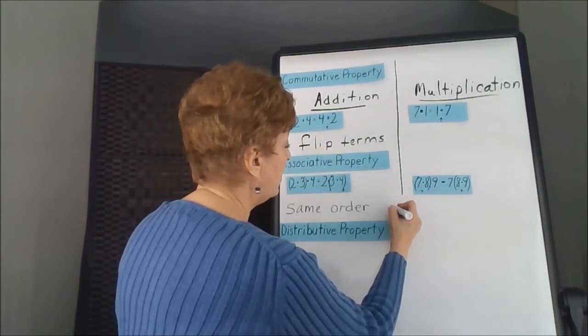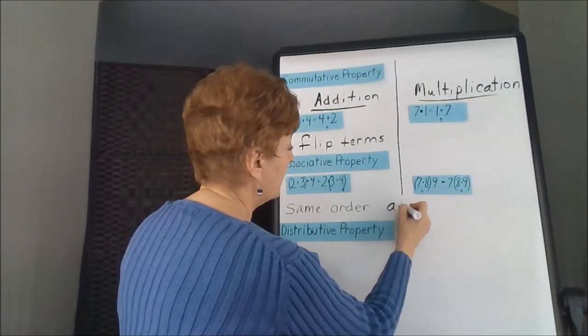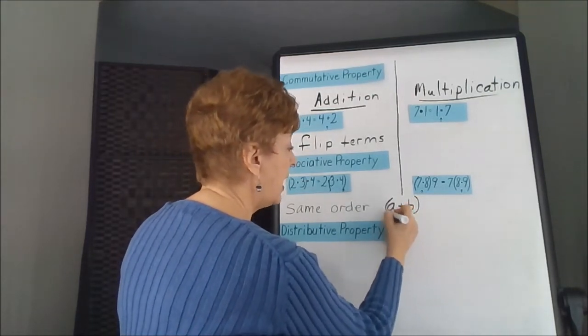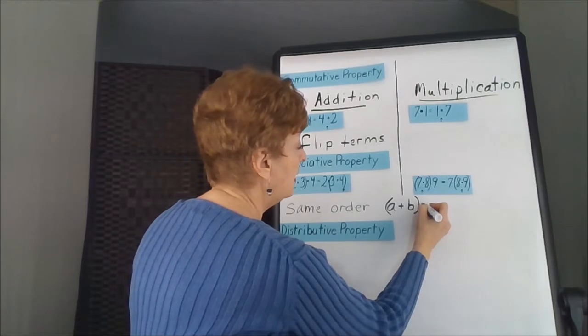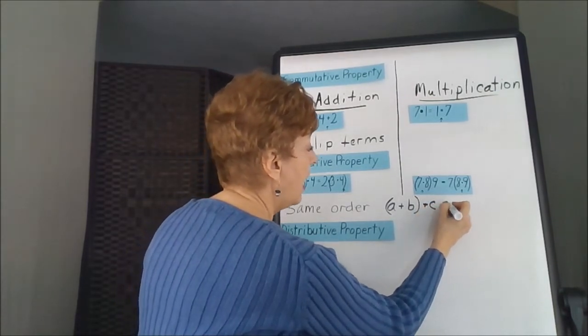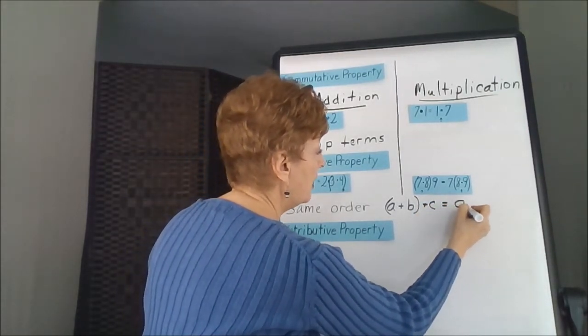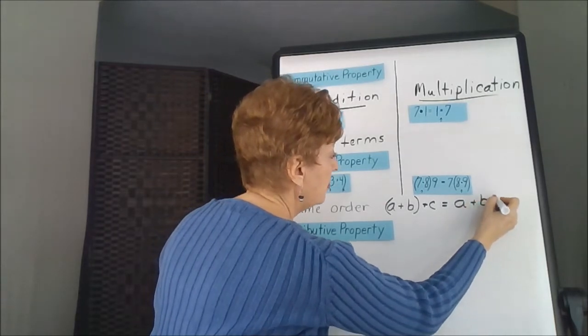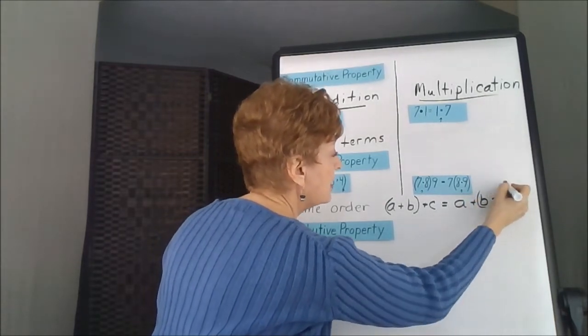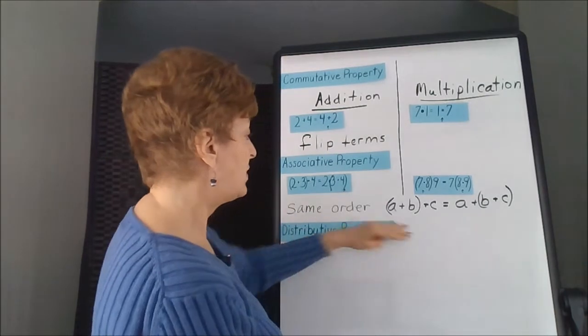So we could have the order of A plus B and associate those with parentheses plus C, and that could be equal to keeping them in the same order, but associating the 2 on the end.